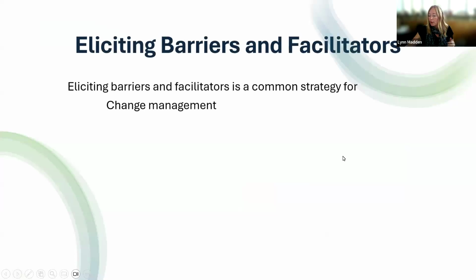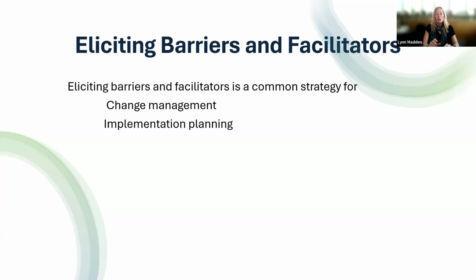So one of the key pieces of the title, and one of the key purposes of nominal group technique, which is really a mixed methods approach, so it's both qualitative and quantitative, is to elicit barriers and facilitators. And eliciting barriers and facilitators is really a common strategy for change management, for example. It's a common strategy in implementation planning.